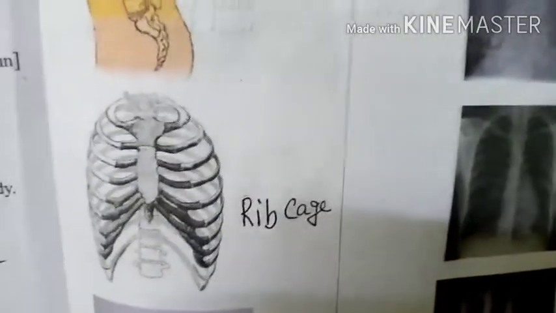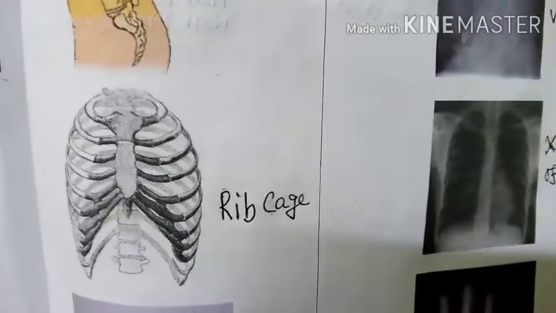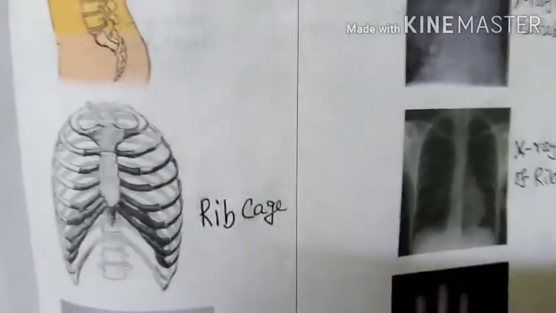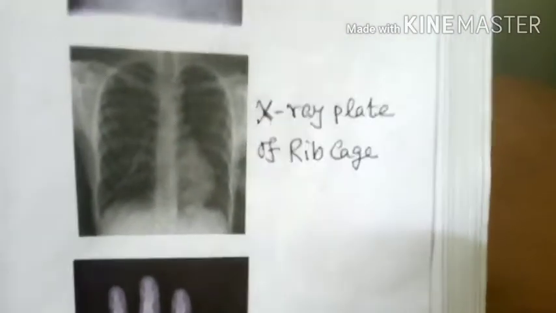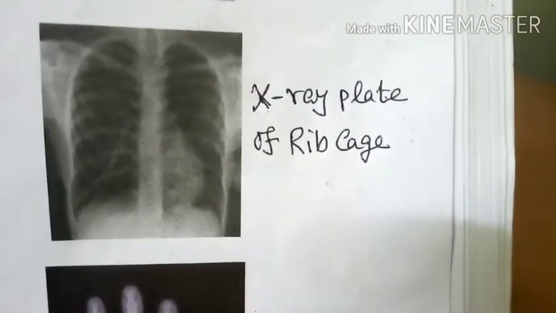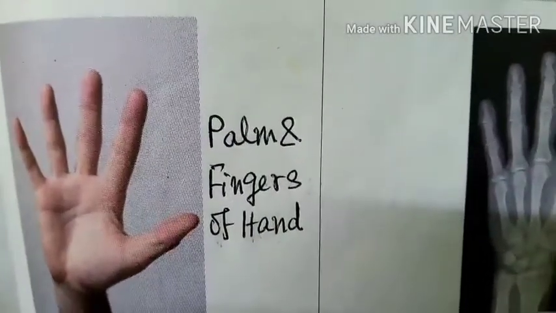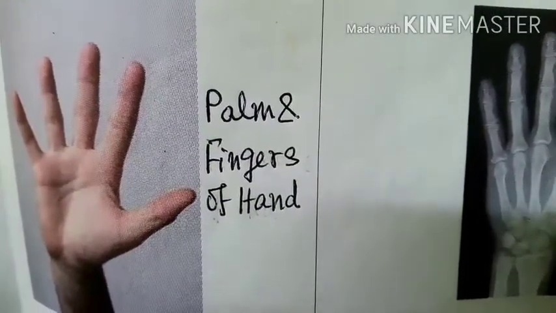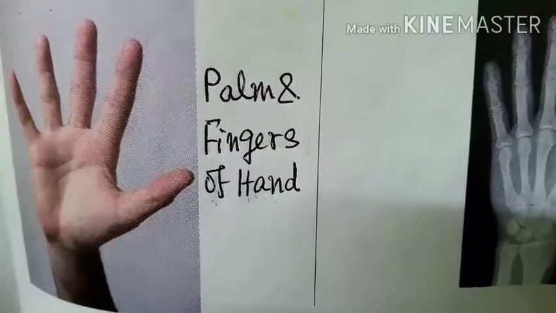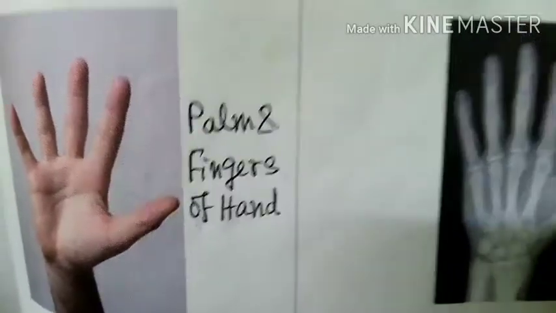What is this? This is rib cage. And what is this? This is X-ray plate of rib cage. And now, what is this? Palm and fingers of hand.